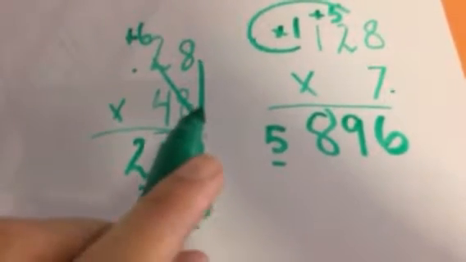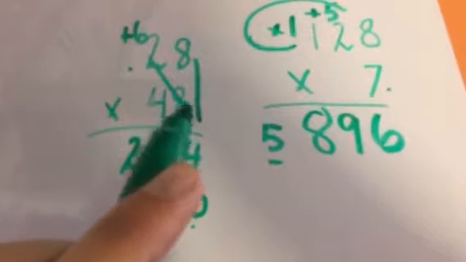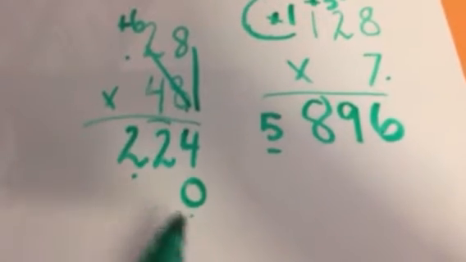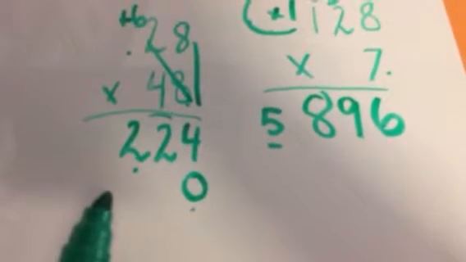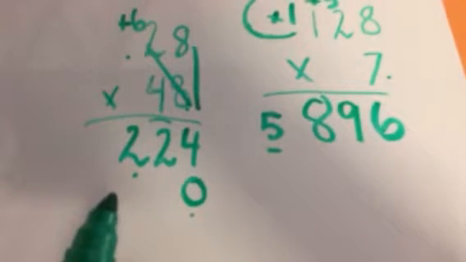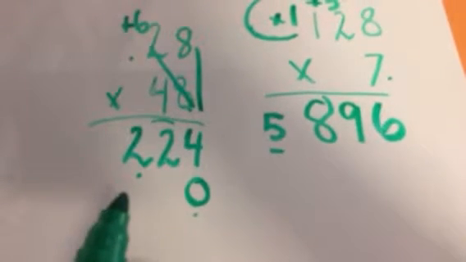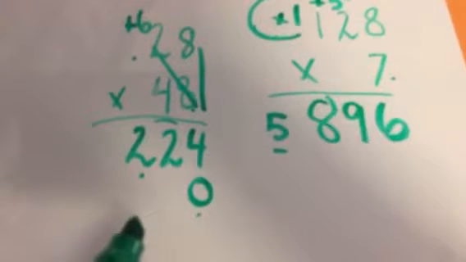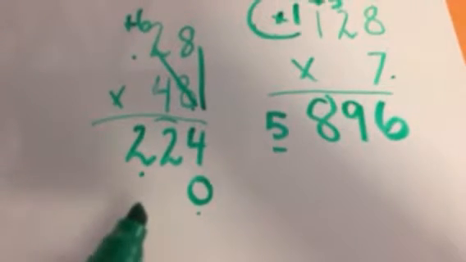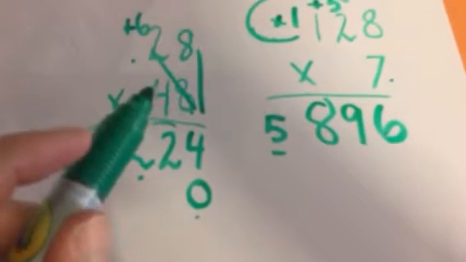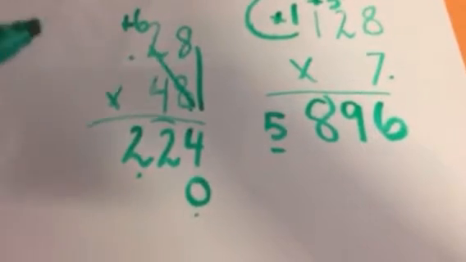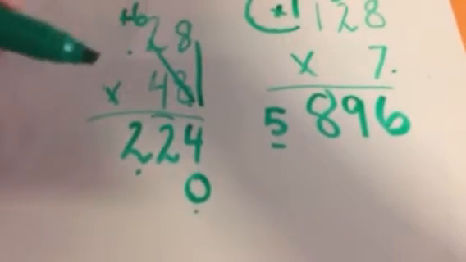When we were multiplying everything by 8, it was 8 1s. But now because we're moving over and we're multiplying everything by 10, the numbers that we're creating are much larger. So this first multiplication here, 4 times 8, is 40 lots of 8.